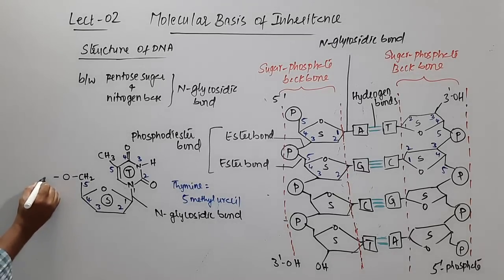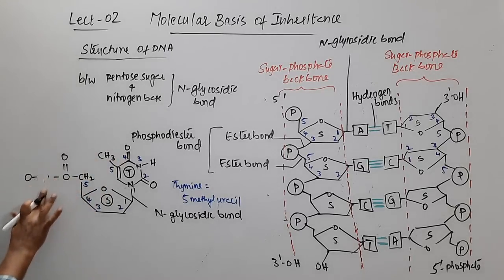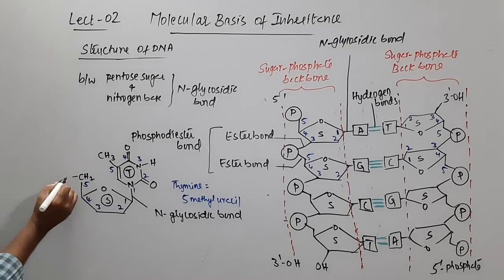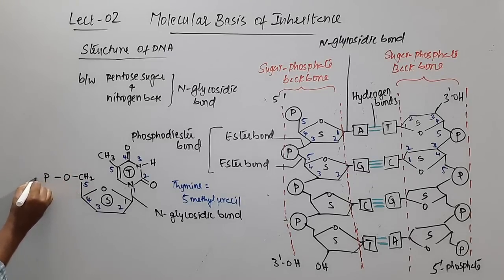So we find here P double bond O, and then O, and O here.